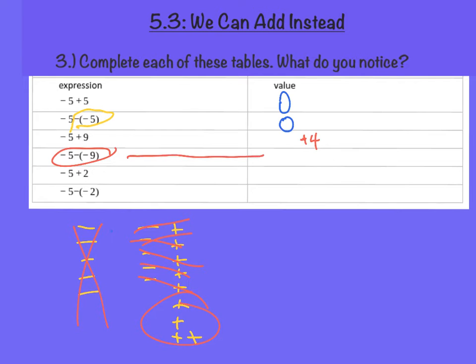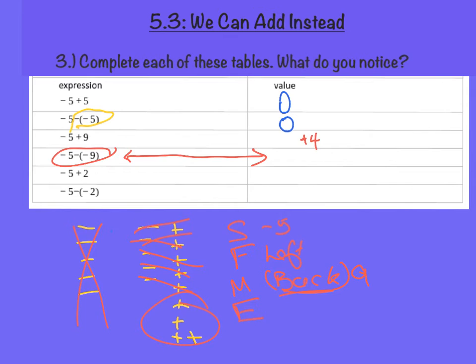So let's draw our number line. I'm going to start, face, move, end. I'm starting at negative 5. I'm facing to the left. And I'm going to move back, because that's a negative 9. So we move back 9 places.